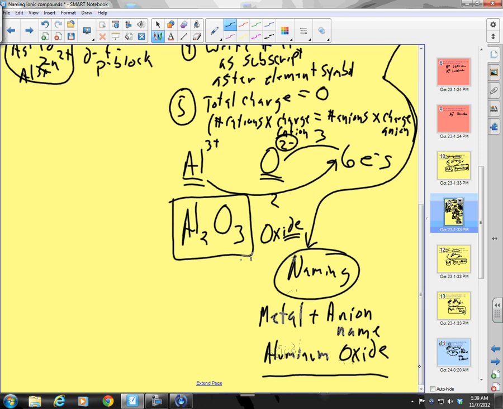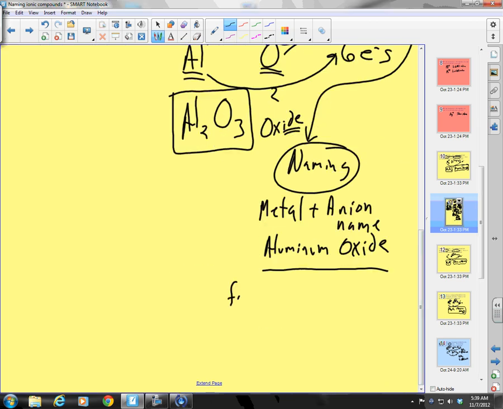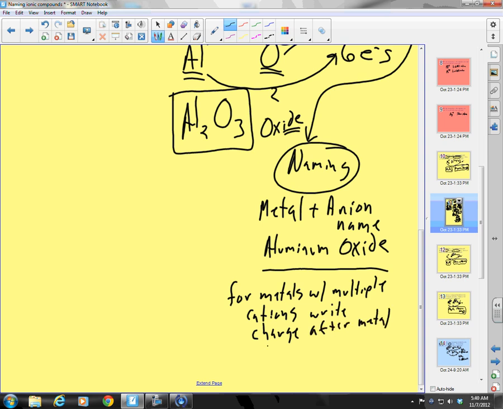In naming, for metals with multiple cations, write the charge after the metal as a Roman numeral in parentheses. That's just following the rules we used before in naming cations.